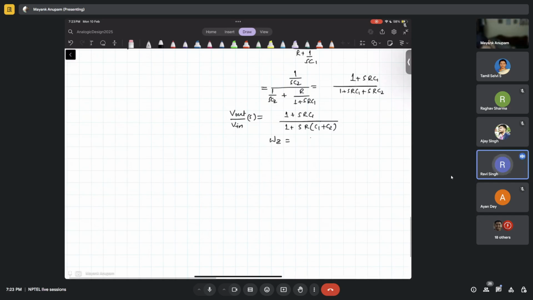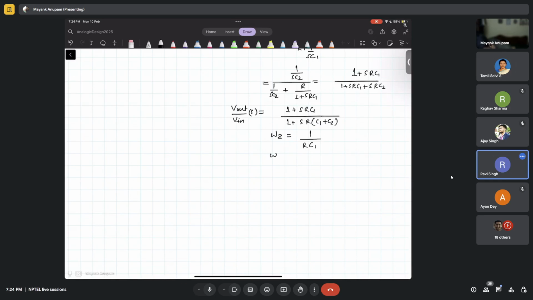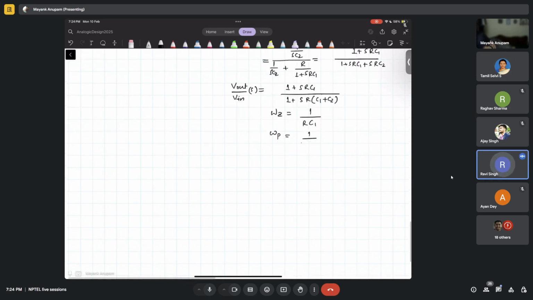It is 1 by RC1. I didn't ask you what is SZ, okay? I'm asking omega Z. So it is a real and positive number. And what is omega P? 1 by R times C1 plus C2.